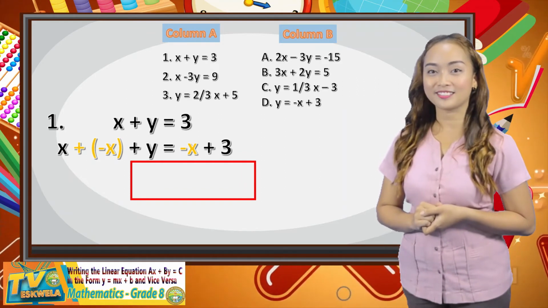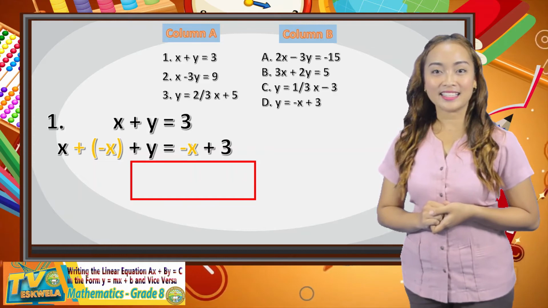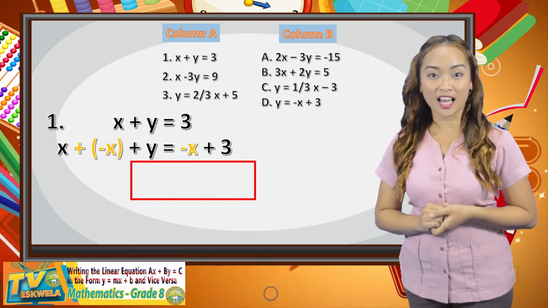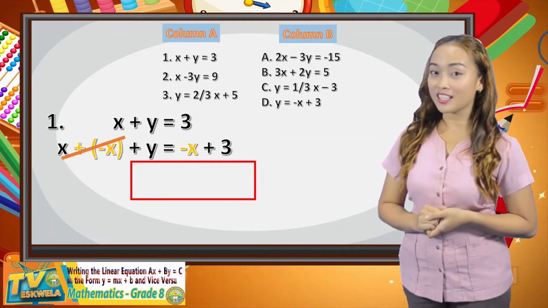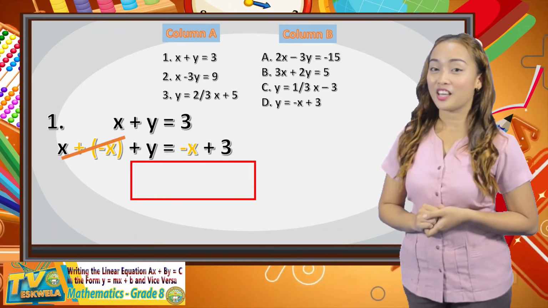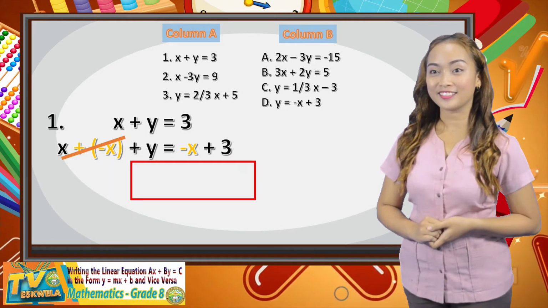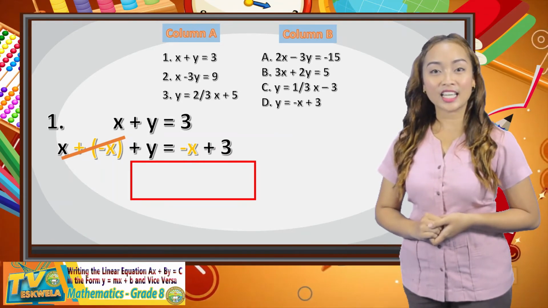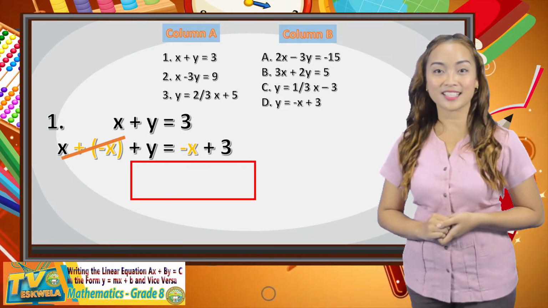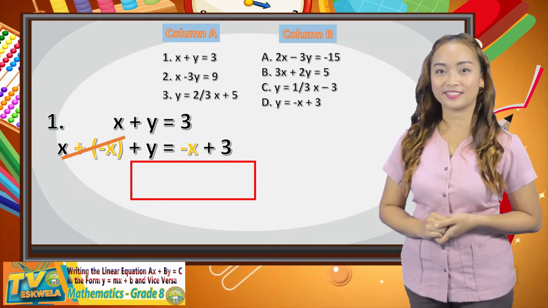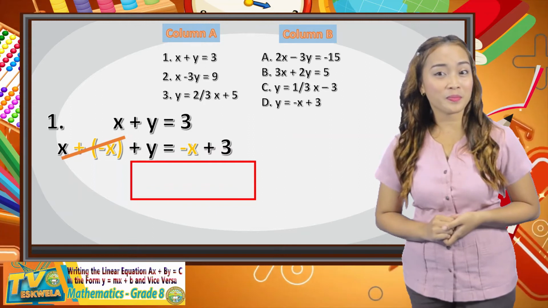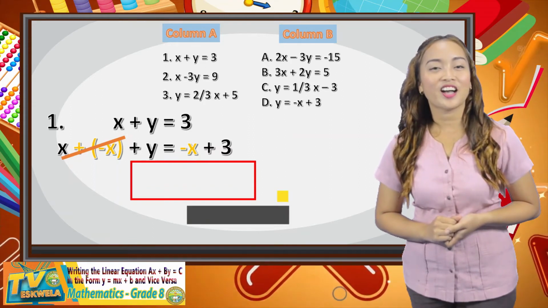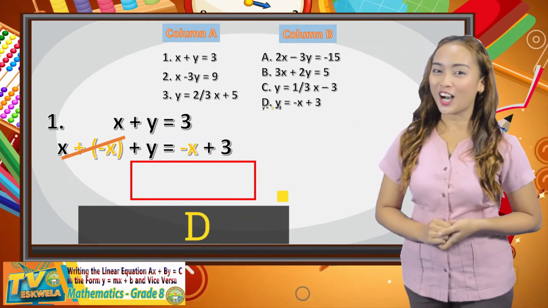Isolate y, add negative x to both sides, eliminate x on the left, then we got y is equal to negative x plus 3. And that is on what letter in column B? Letter D. You got it.